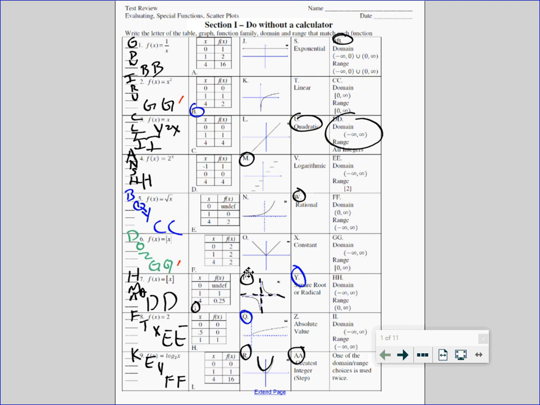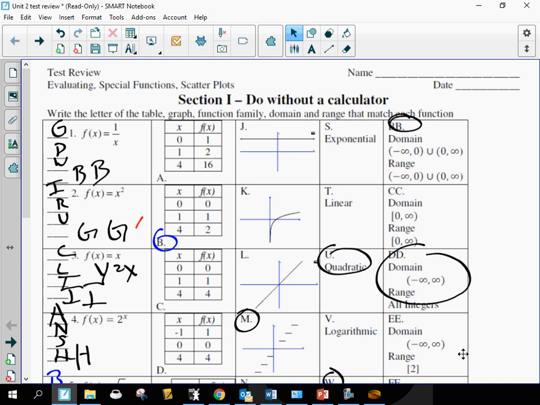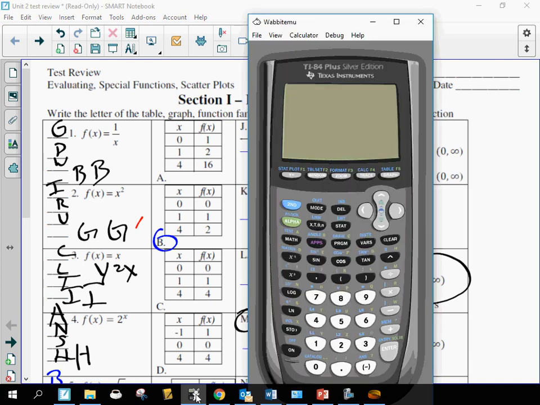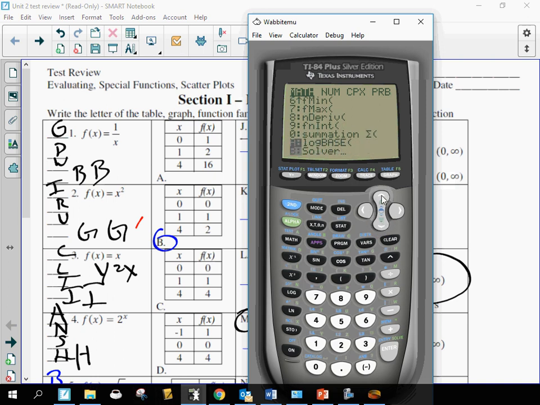What you're going to want to do is bring up a graphing calculator. Turn it on. Let's reset it, since someone was reusing it for something else. So if I wanted to graph that, I would go to Math. If I go down, you'll see log base.